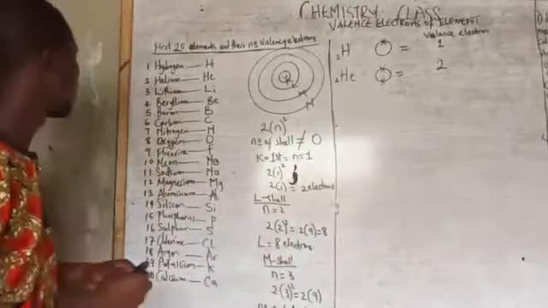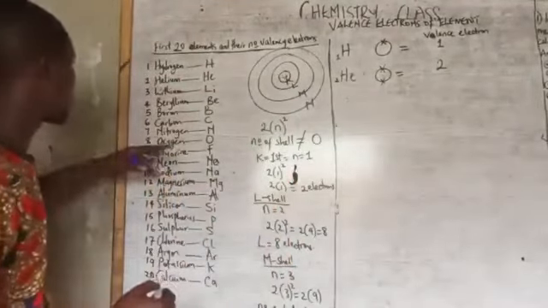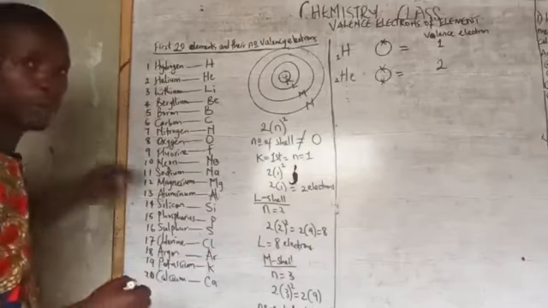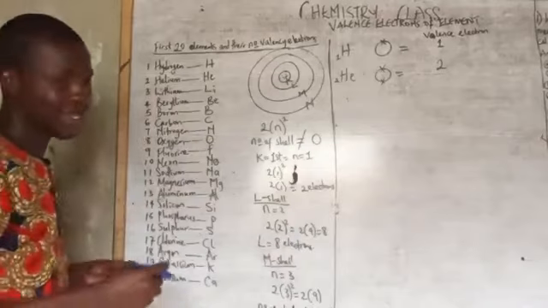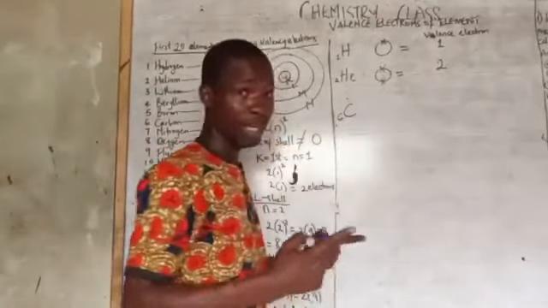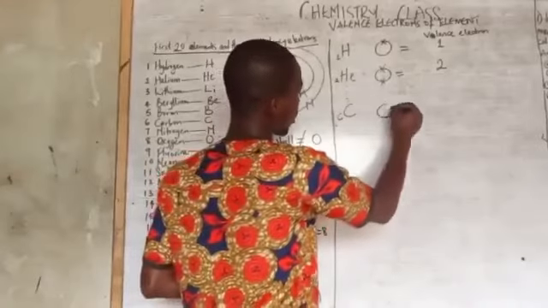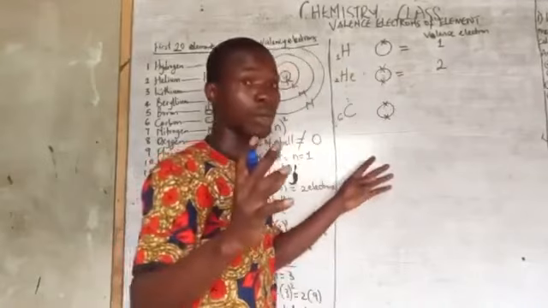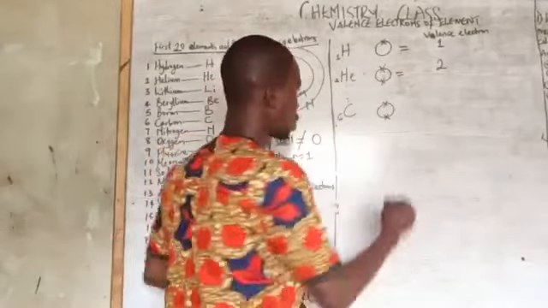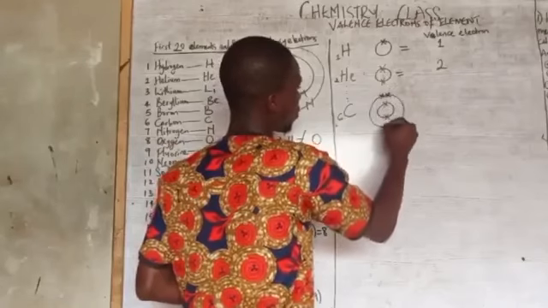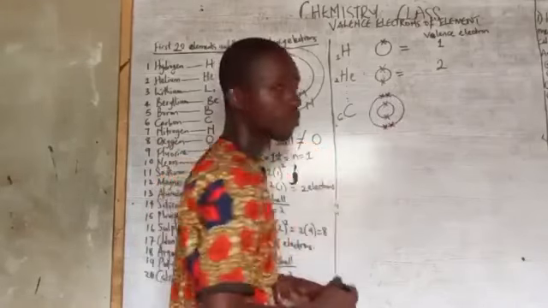Good. Let's see carbon. I'm going to be skipping lithium, beryllium, boron. So let me move to carbon. Carbon has 6 electrons. As already calculated, the first shell contains 2 electrons. So any other electron remaining will fall in the second shell, and that is the remaining 4. 1, 2, 3, 4.